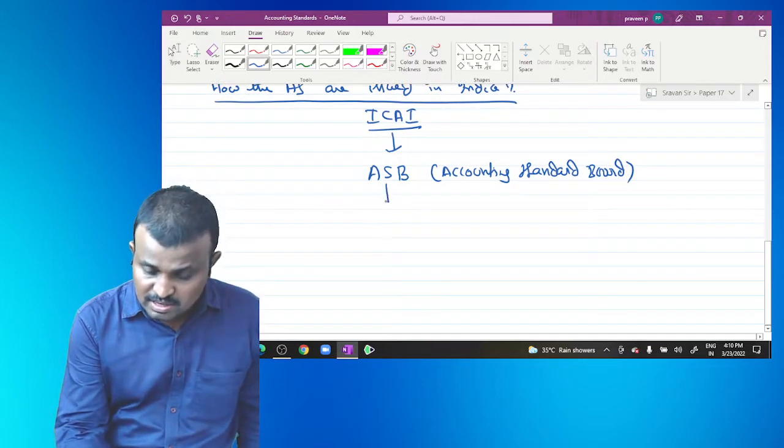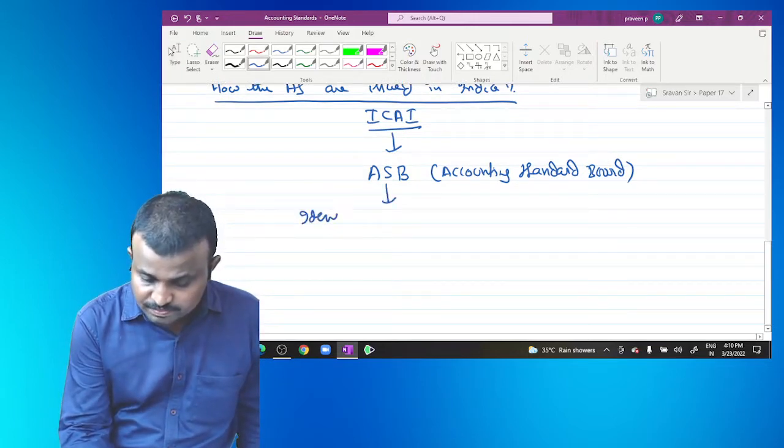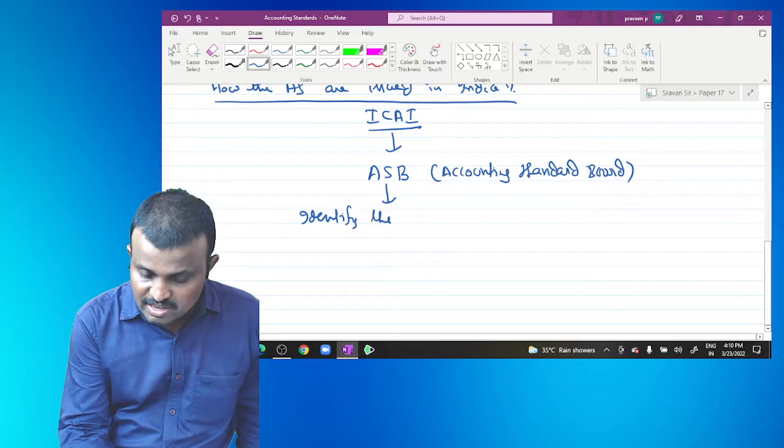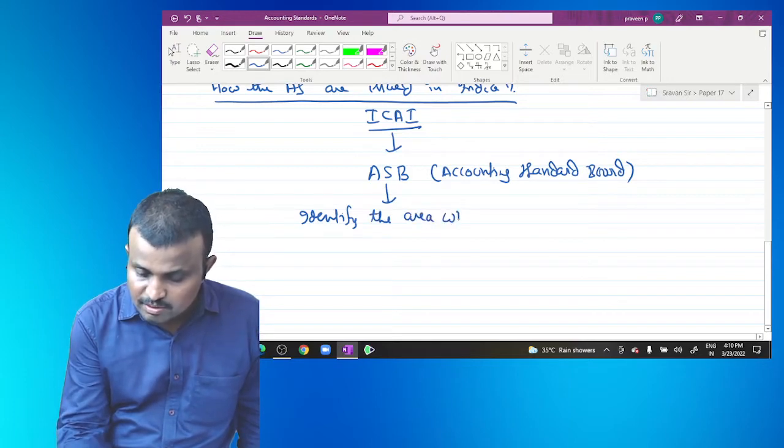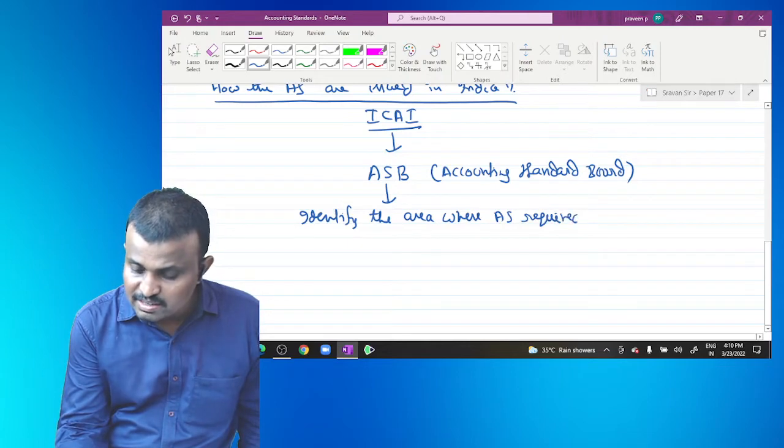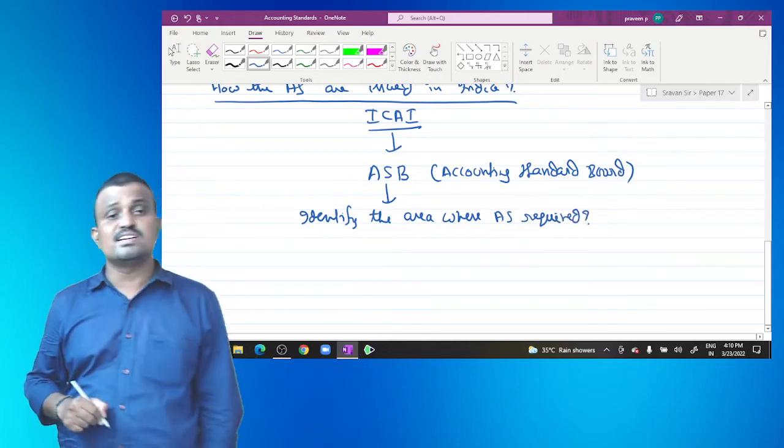So first of all, the ASB identifies the area where an accounting standard is required.